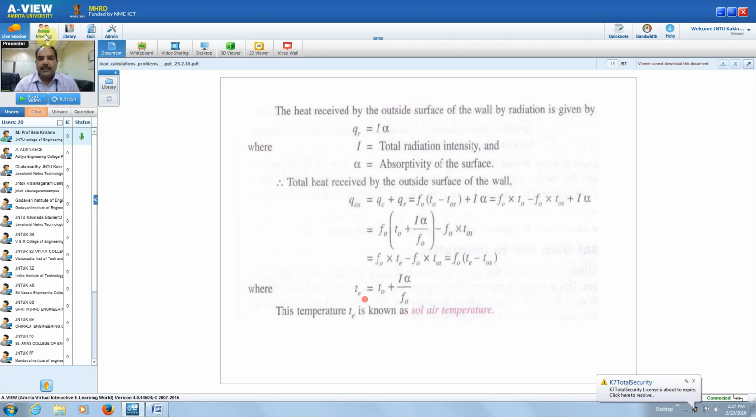The equivalent temperature Te is equal to the outside temperature plus the total radiation intensity times the absorptivity of the surface divided by the outside film coefficient, where Te is the solar air temperature. We have to calculate with this formula.